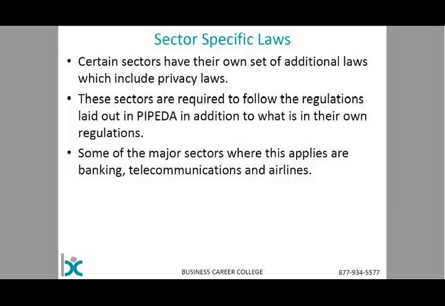When you're going to be on a flight and making a purchase from an airline, you have to provide a complete set of demographics, so they have additional scrutiny in place. Many of these sector-specific laws are more rigorous than PIPA and have more regular follow-up and compliance than we would see in PIPA.